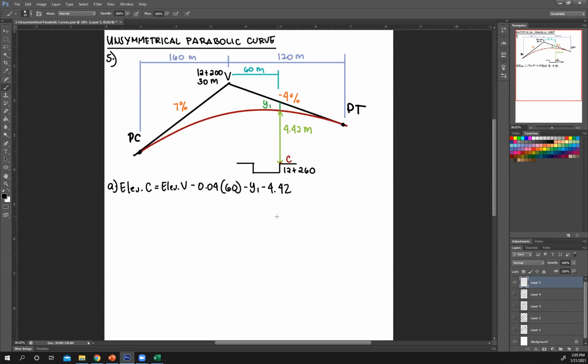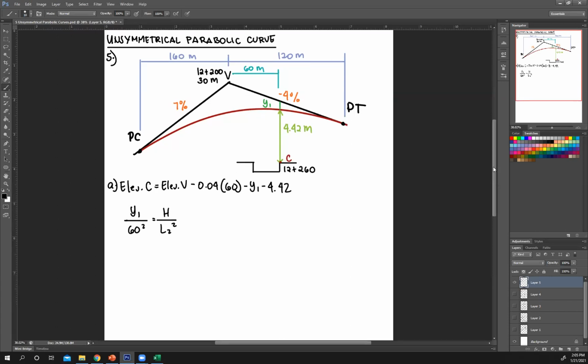To solve for y1, you're going to use the offsets again. y1 over x sub 1 squared. X sub 1 is the horizontal offset, so it's this length. But I already know this is 60. So this length is just 120 minus 60, which is also 60. So y1 over 60 squared equals h over L2 squared. Now I don't know h, but I do know L2 squared. L2 is just 120.